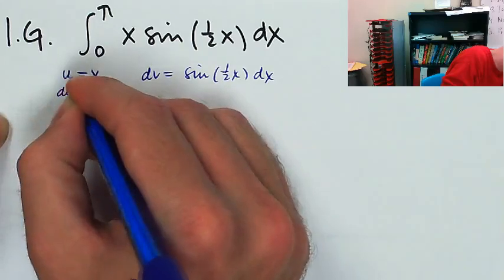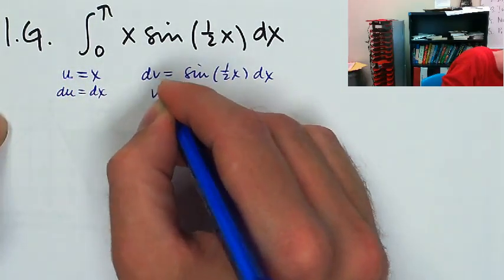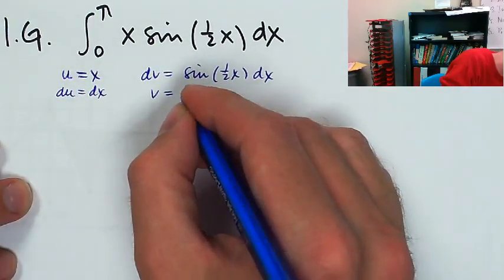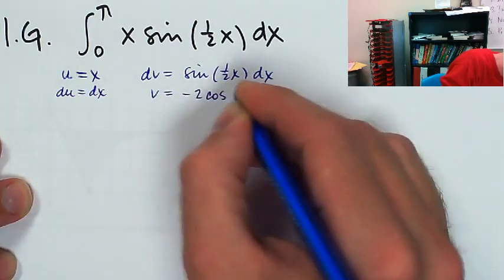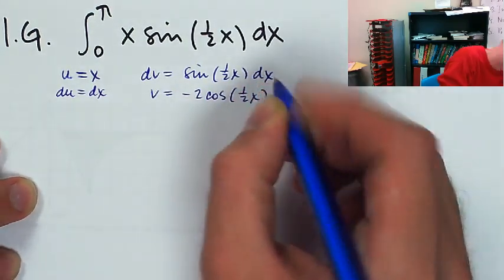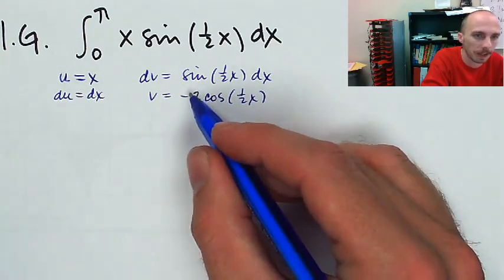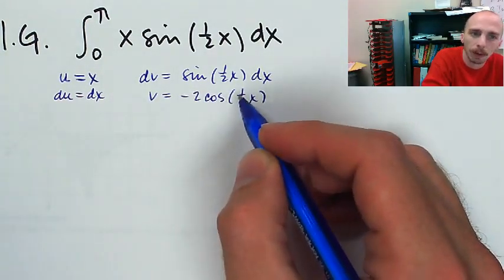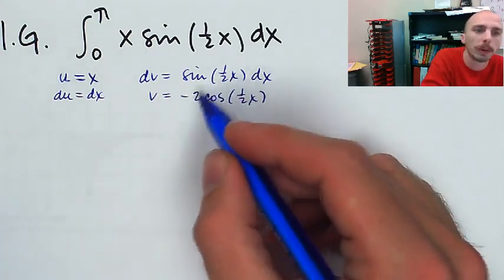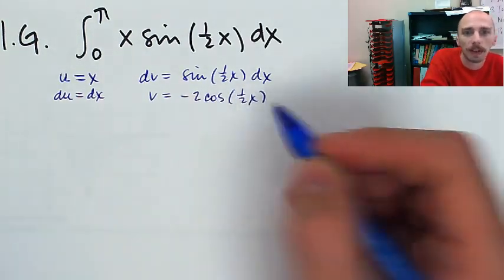Take a derivative, take an antiderivative, so that would be -2 cosine half x. Let's check that and make sure. The derivative of cosine would be negative sine, taking care of the negative, and then I would have to multiply by the half for the chain rule, thereby taking care of the 2, so I would have sine of half x.